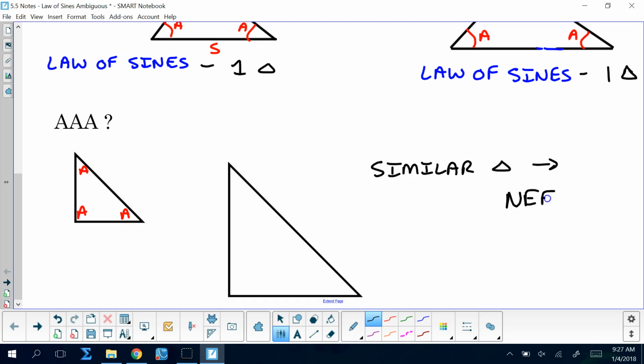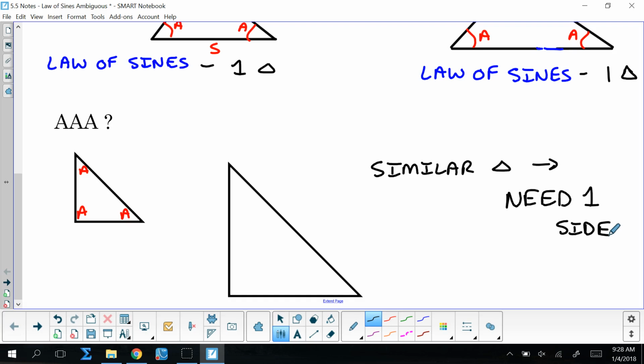We need at least one side. You have to get a side as one of your three givens. You can get two sides, you can get three sides, but you've got to get at least one side as your given. Otherwise, you can't do it.